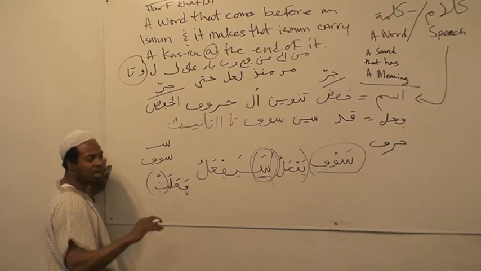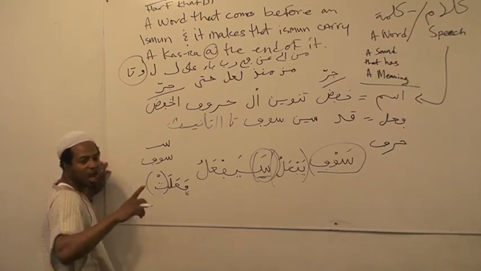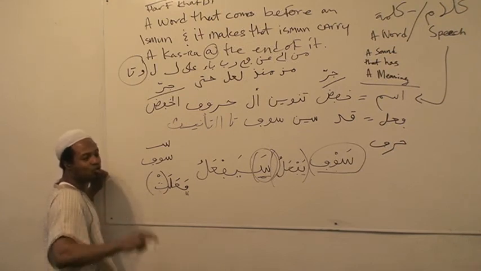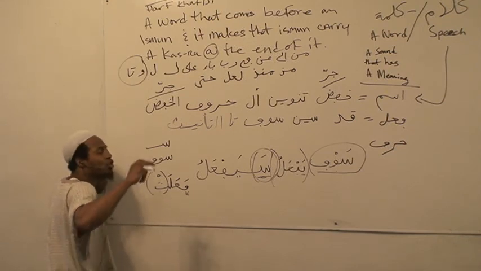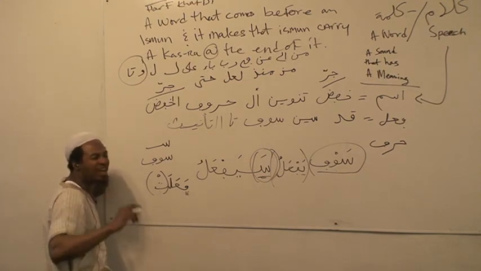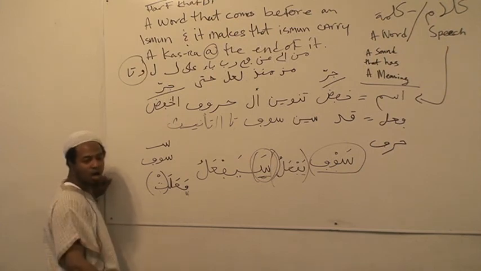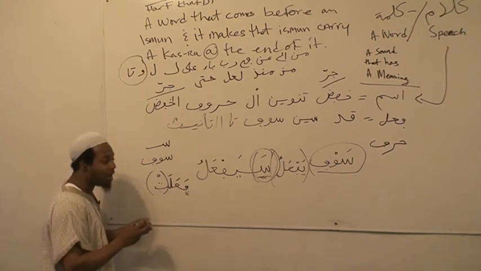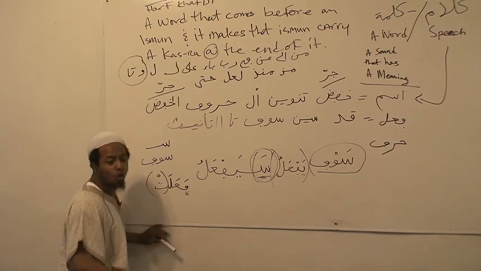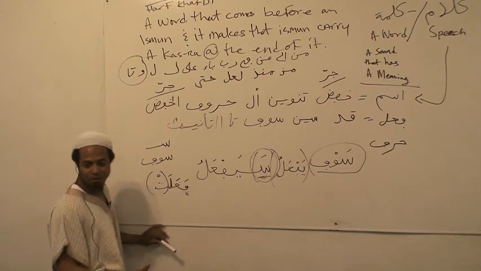An action in Arabic always denotes the one who did it. That means in Arabic, the fi'lun, the action, will always tell who the actor was. It will tell that the one who did it was either masculine or feminine in gender.